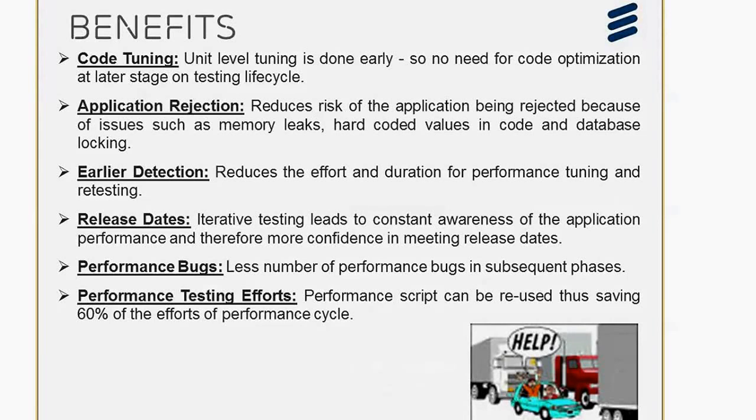Finally, the release dates: iterative testing leads to a constant awareness of the application performance, and therefore more confidence in meeting the release dates. And that is where I'm again stressing the continuous integration part. Continuous integration of the performance testing tools with different CI servers is a very important criterion that needs to be done explicitly for all the code check-ins that have been made.